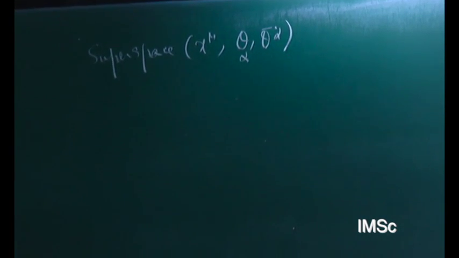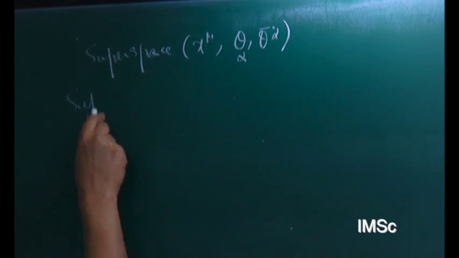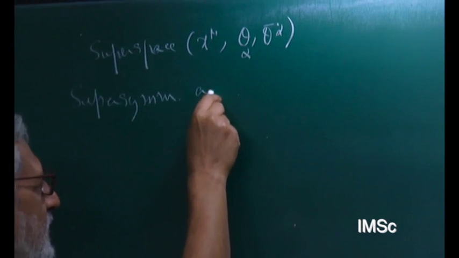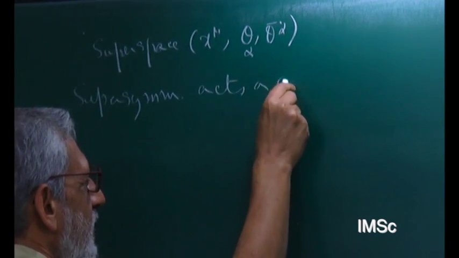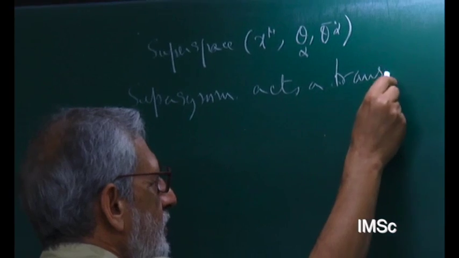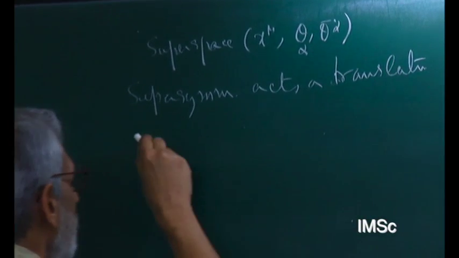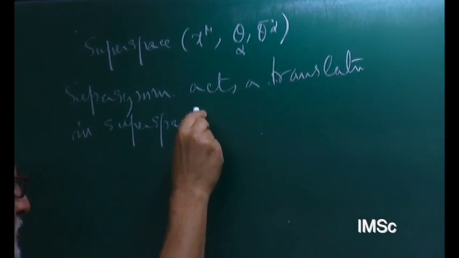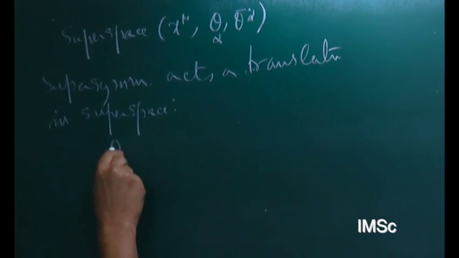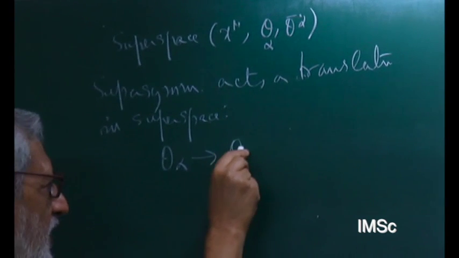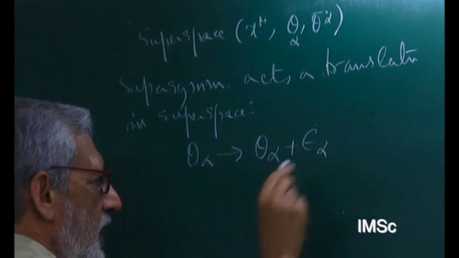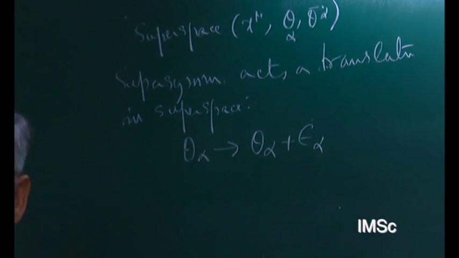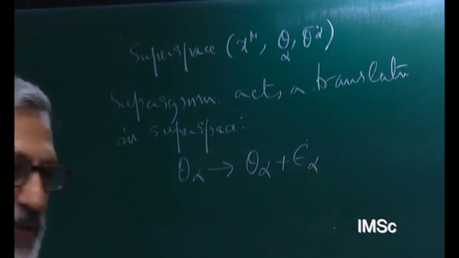And we also discussed that supersymmetry acts as a translation in superspace. It shifts theta alpha to theta alpha plus epsilon alpha, anti-commuting transformation parameters of supersymmetry.